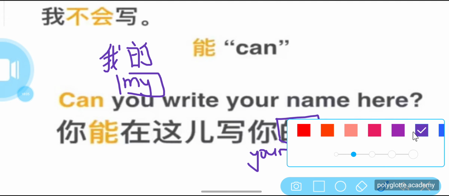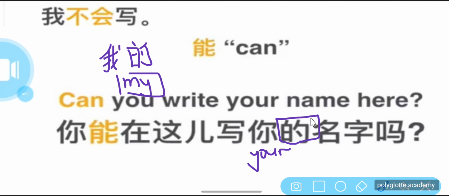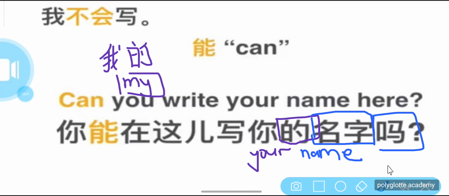So ni de is your, 名字 which is name, and ma, which is a question particle.